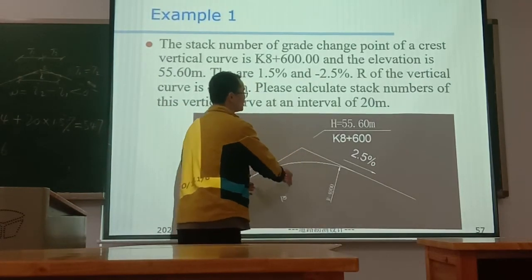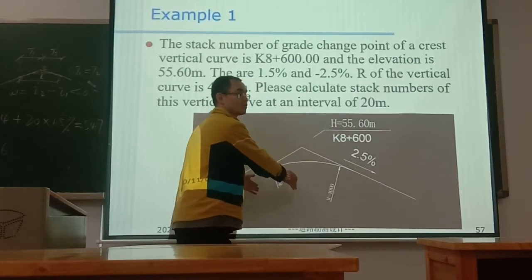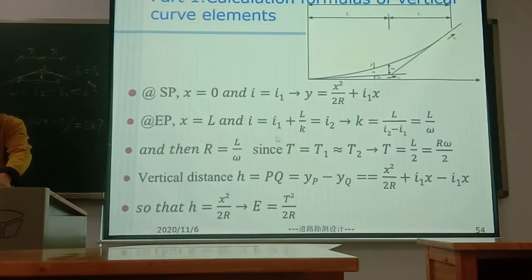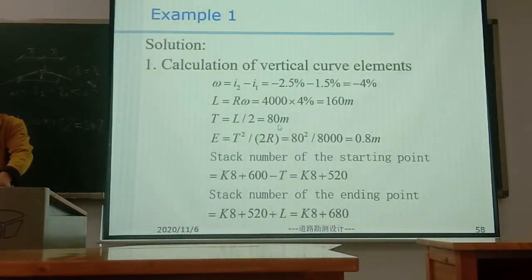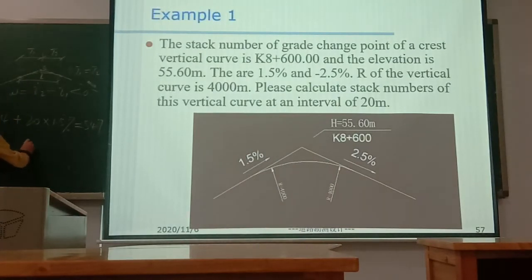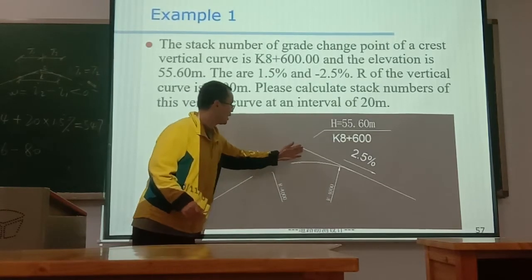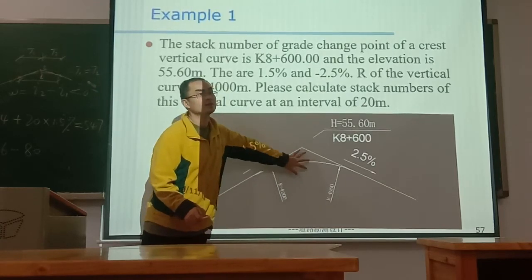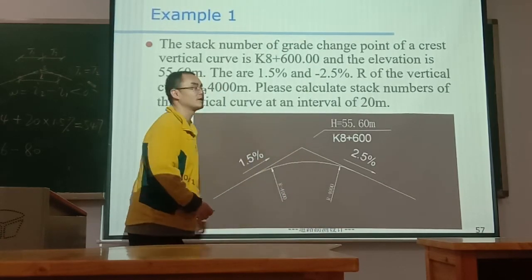The length T is 80 meters, calculated by the formula. 80 multiplied by this slope gives the elevation difference.